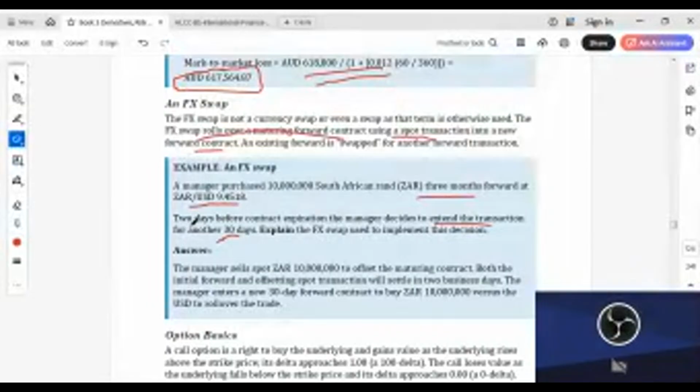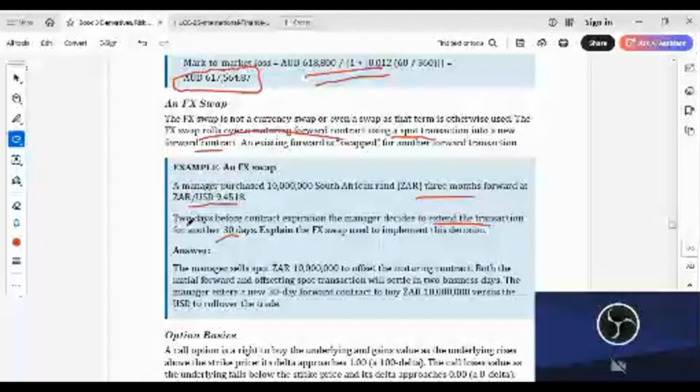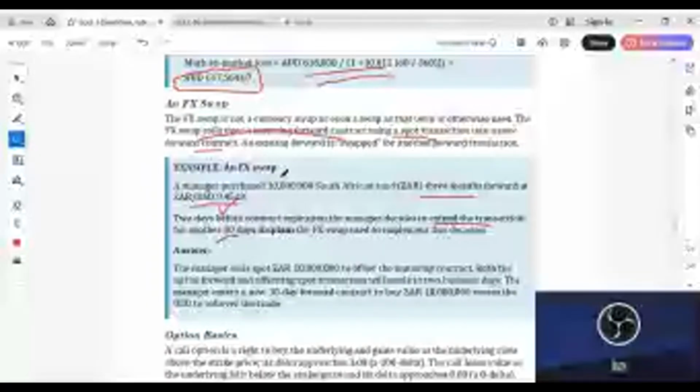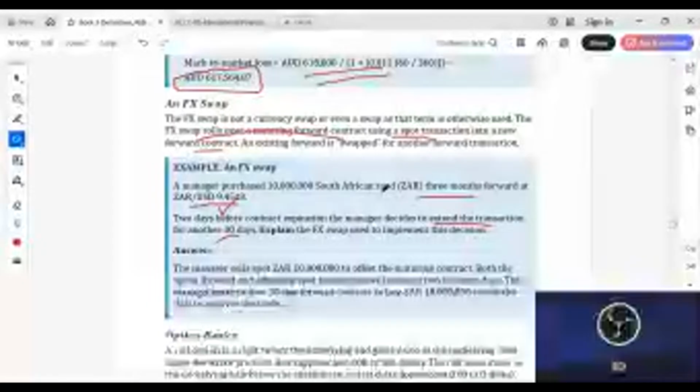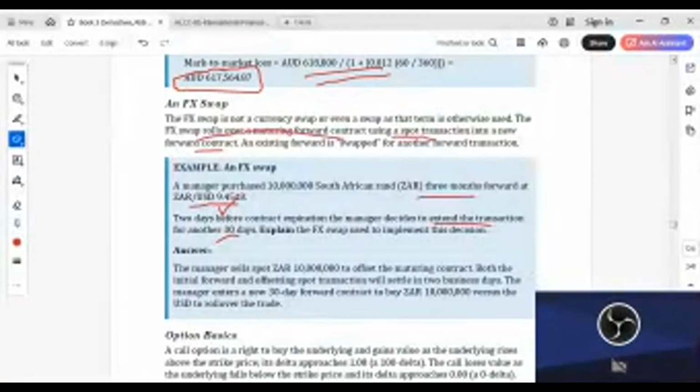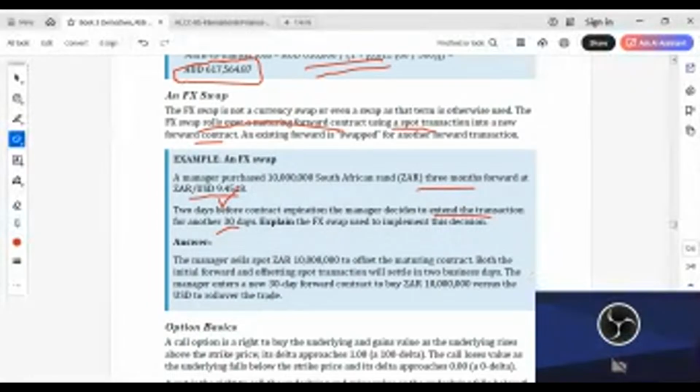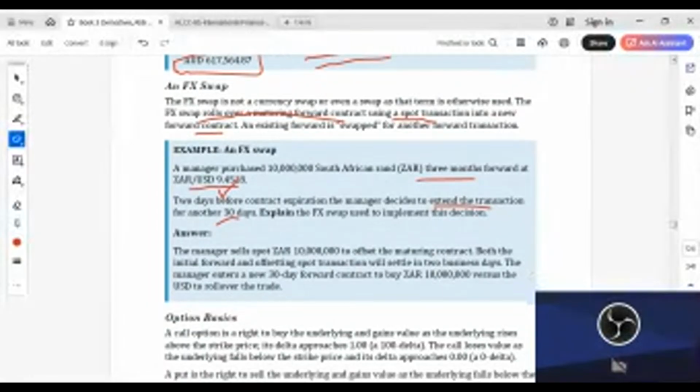So you will have to settle this. Sell ZAR in the spot market at whatever is the prevalent rate, and you will again book a forward contract to buy ZAR, which is 30 days. Right?